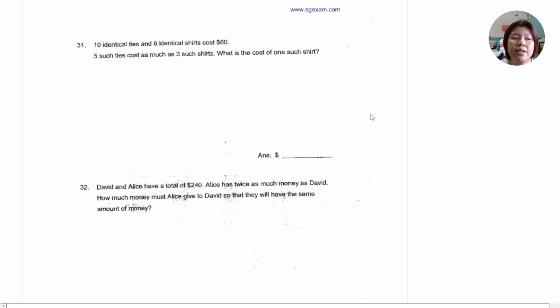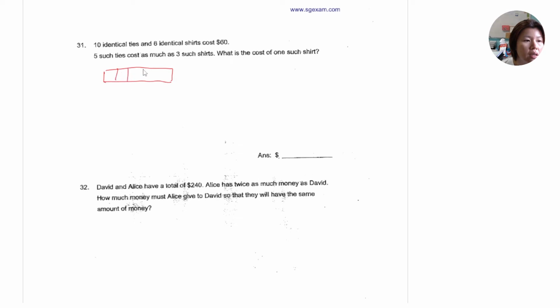Okay, 10 ties and 6 shirts cost $60. 5 ties cost as much as 3 shirts. So meaning my 5 ties is the same cost as my 3 shirts. Okay, so since I know 10 ties, if I change my 10 ties, it's actually 5 ties is 3 shirts. 10 ties is 6 shirts.